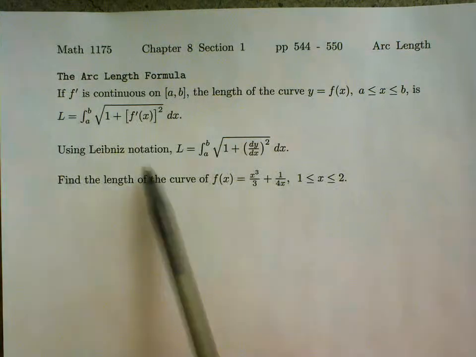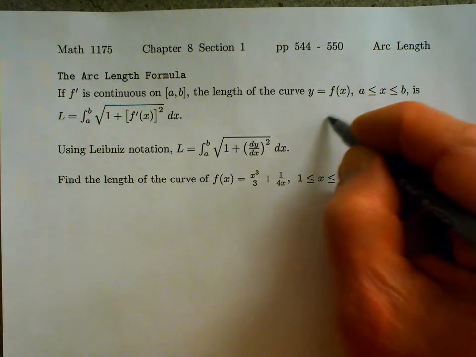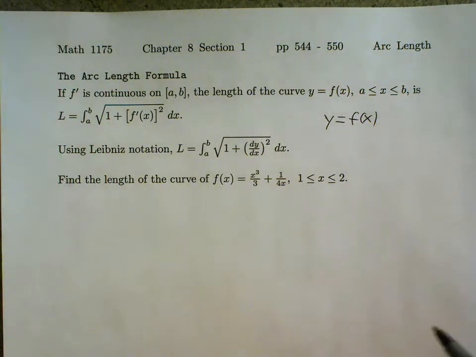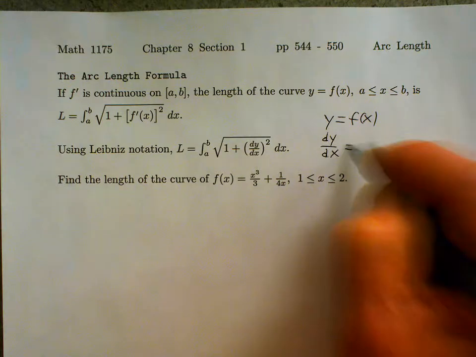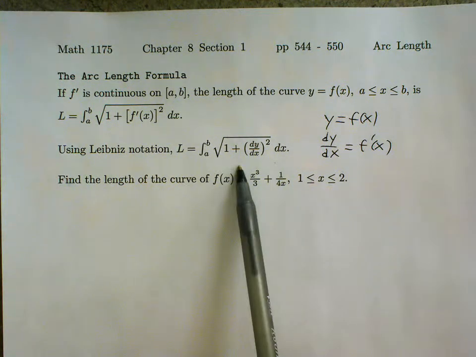Using Leibniz notation, so remember if y is equal to f of x, the Leibniz notation for the derivative is dy dx. So you can use the Leibniz notation if you want.